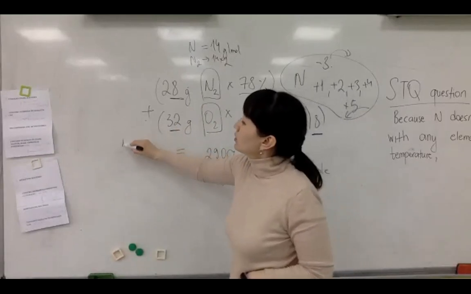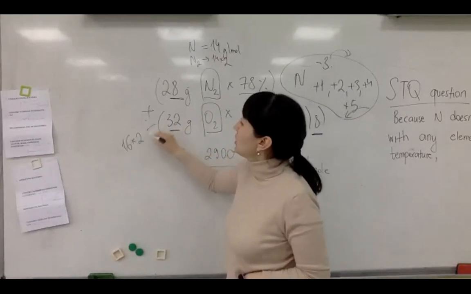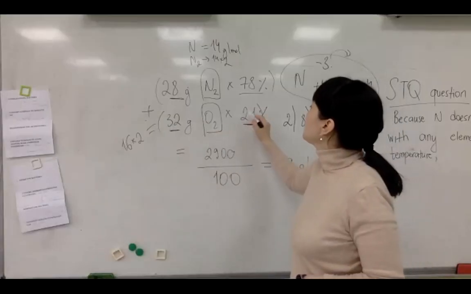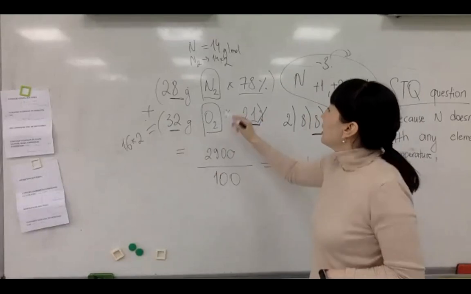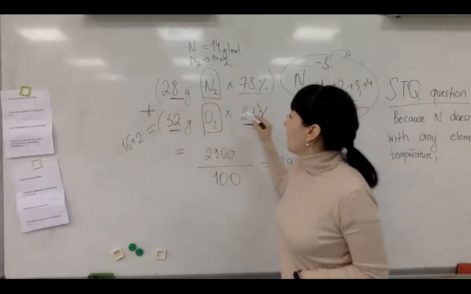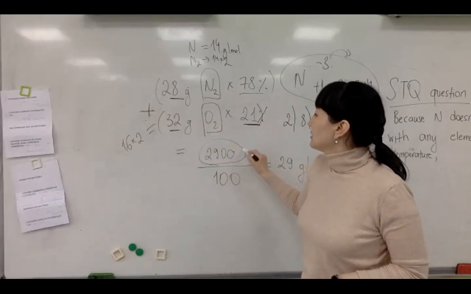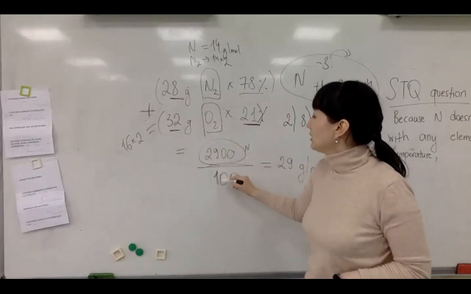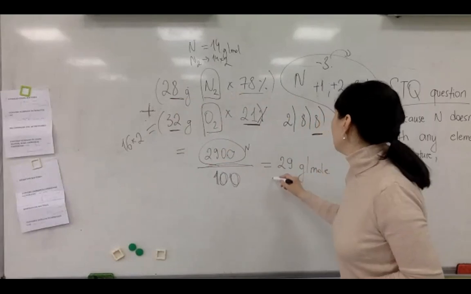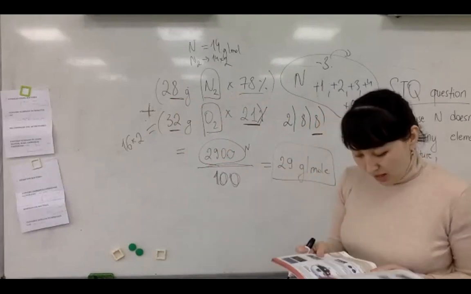Oxygen has 16 times 2 gives us 32, okay? Times 21%, and adding the two results, and over 100 because of proportion, okay? So the answer is 29.